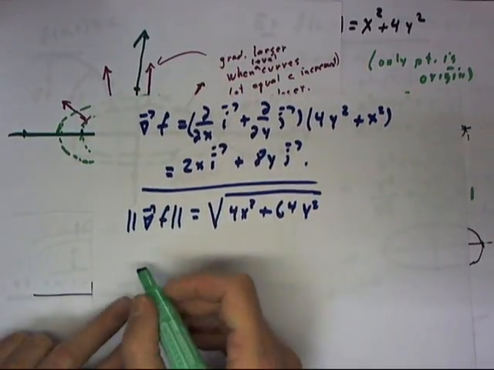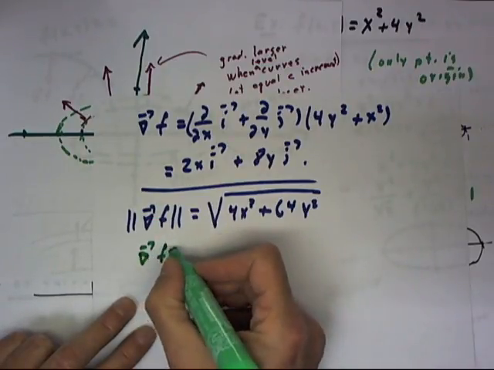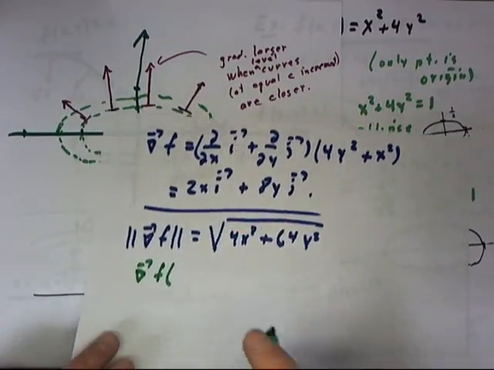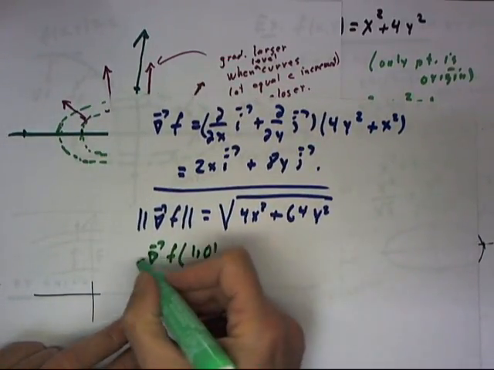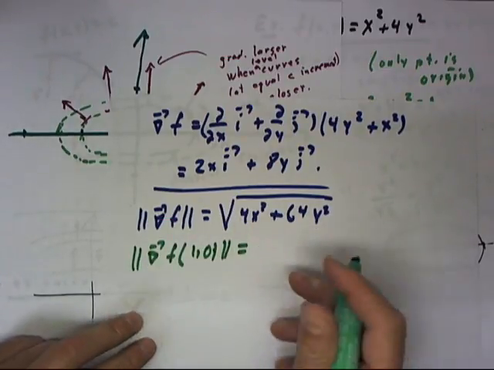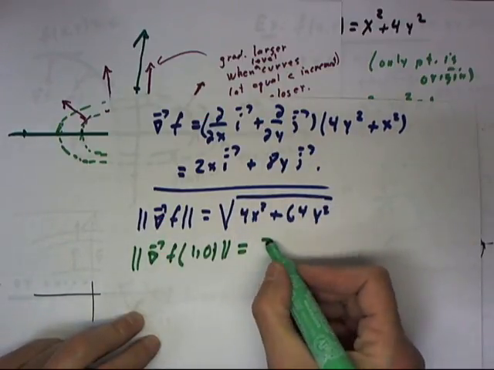Specifically, we can say that the magnitude of the gradient of f at the point 1, 0 on this ellipse is easily evaluated. y is 0, x is 1, so we get the square root of 4, which is 2.